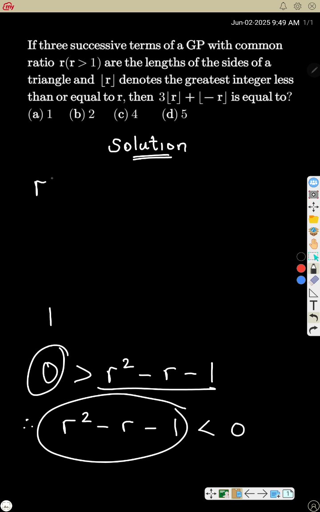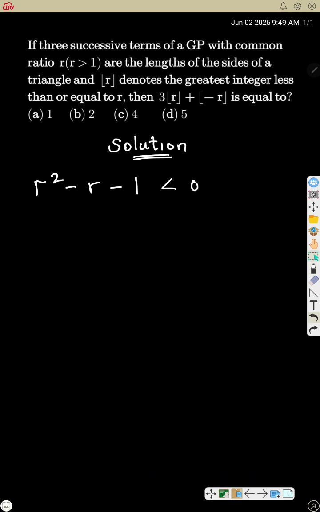So I have R square minus R minus 1 less than 0. I'll use the formula method here to solve this quadratic inequality, because I cannot factorize this. So let me take this out first, the inequality.